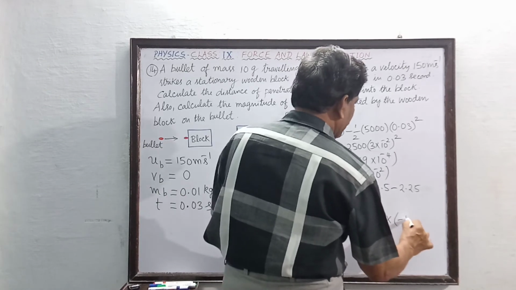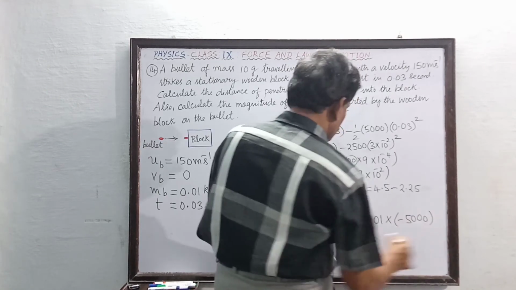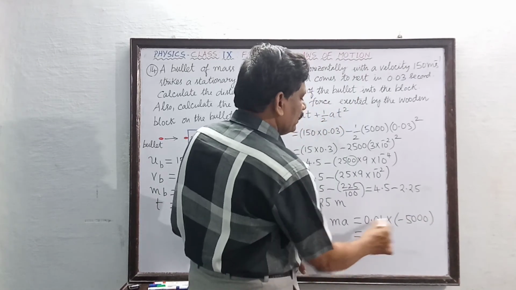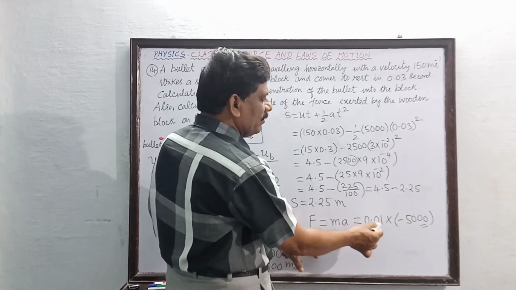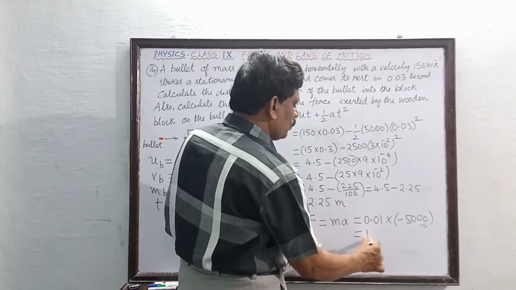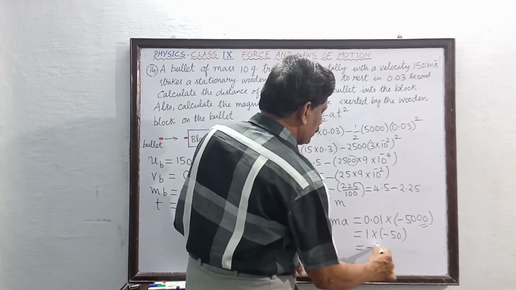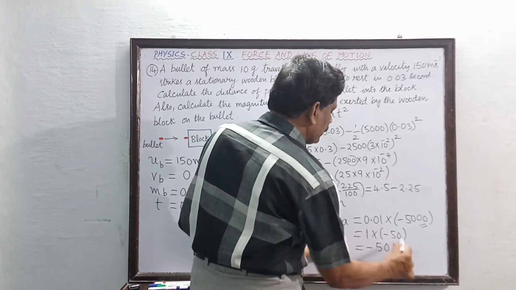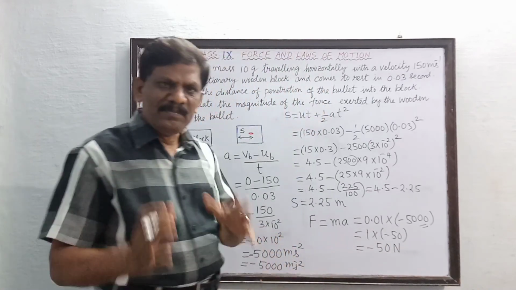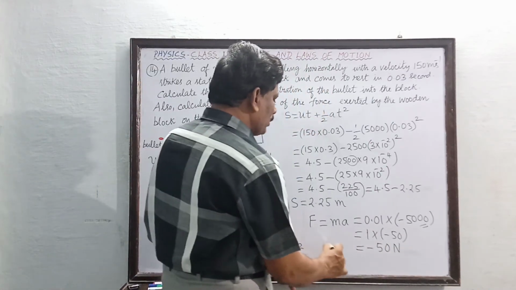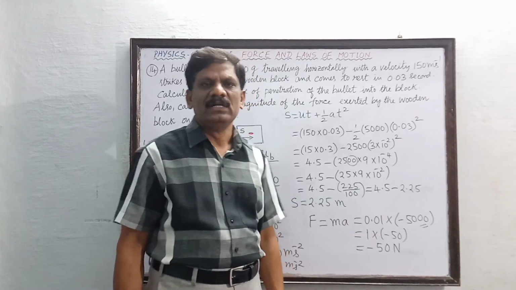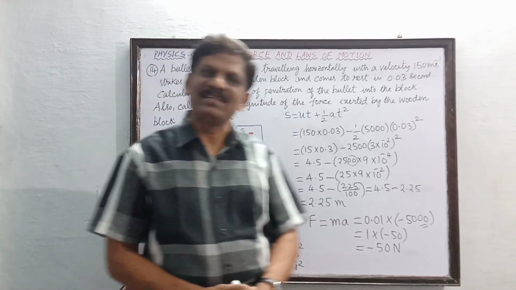Here 2 zeros we can cut, making this 1 multiplied by minus 50. So this is equal to minus 50 Newton. That means in magnitude the force must be equal to 50 Newton. Understand? I hope you have understood. Okay, fine.